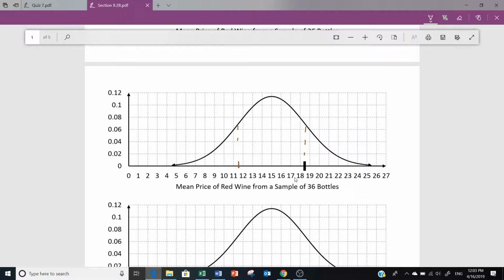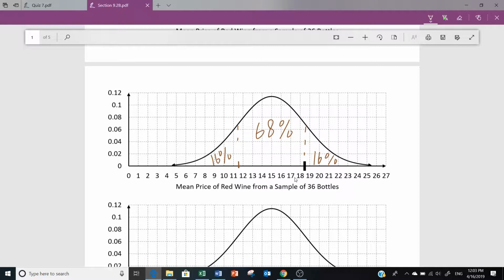Within 1 standard deviation lies what percent of the data? 68. So we have 68% in the middle, and how much percent do we have on the sides? 16. Yeah, so we're going to have 16% here and 16% over here on this side.